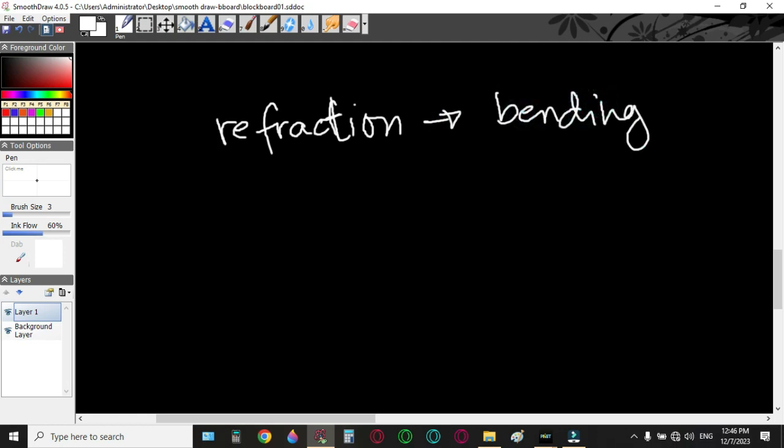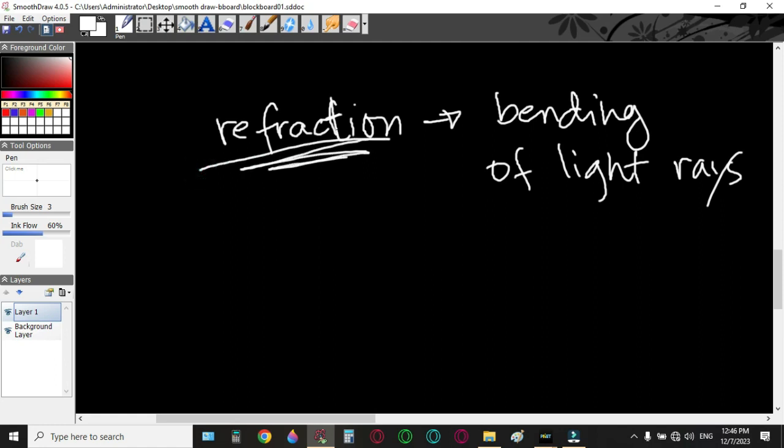So when you say refraction, refraction is the bending of light rays. Okay, so lenses form images through refraction. Okay, so light bends, and then those light rays that are bent intersect at a certain point.